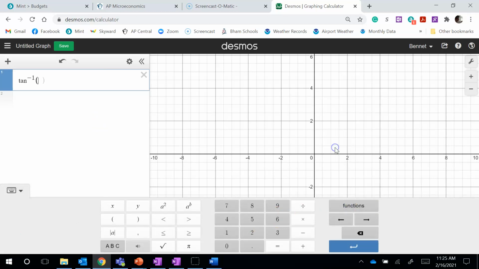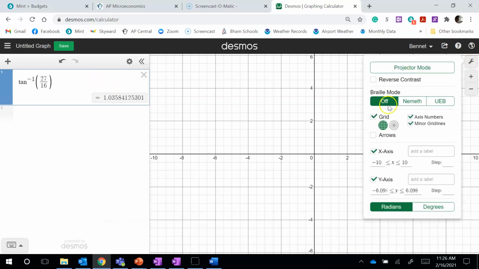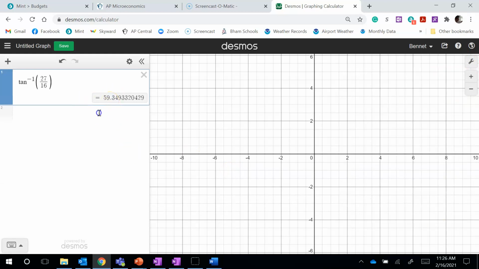I can do inverse tangent that way. And if I plugged in 27 over 16, again, this is not the right kind of number. Desmos defaults to radians, but it's wrong if I want degrees to come out. So go in here and change this to degrees to get your right answers.